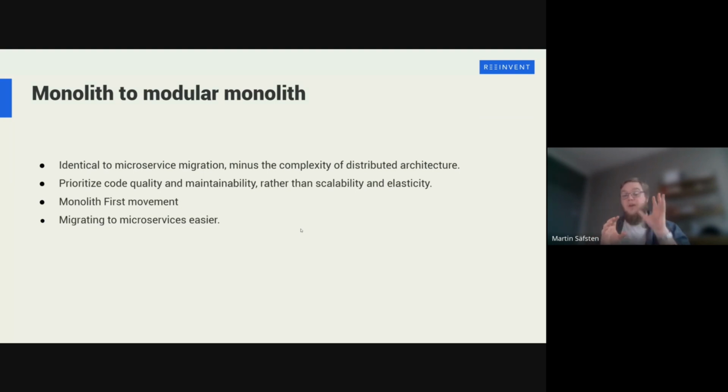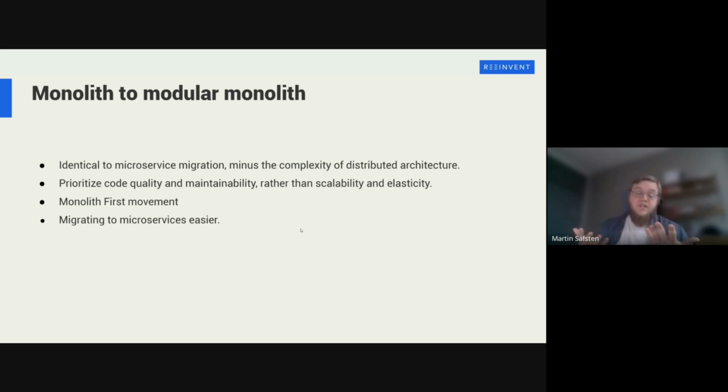The difference between modular monolith and microservices is surprisingly small. Conceptually, the structure of the product as a whole is very similar, and that's a good thing. That's domain-driven design: modularized, isolated modules with high cohesion and low coupling. Those are sort of the buzzwords for what microservices and modular monoliths are.